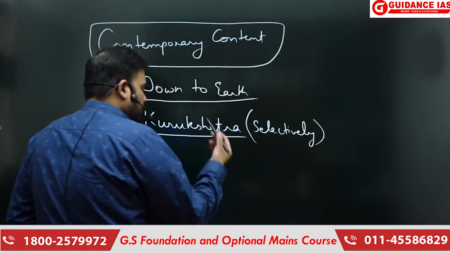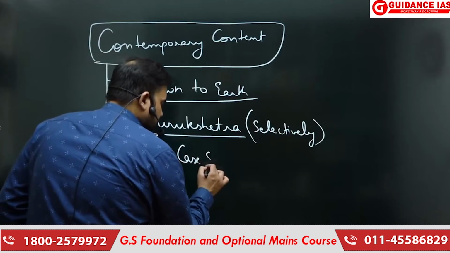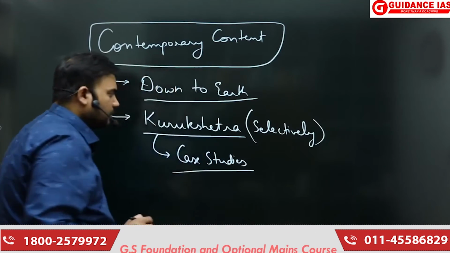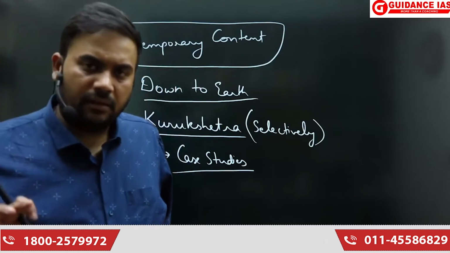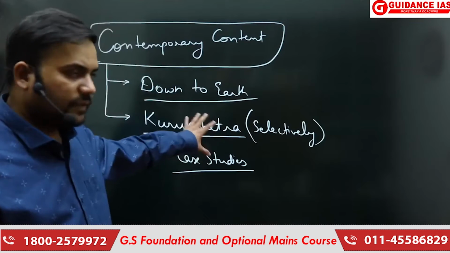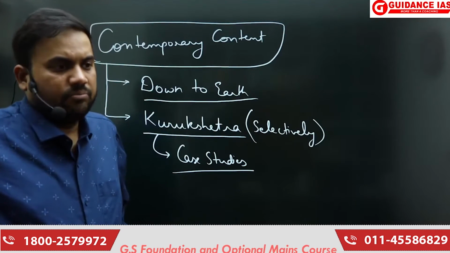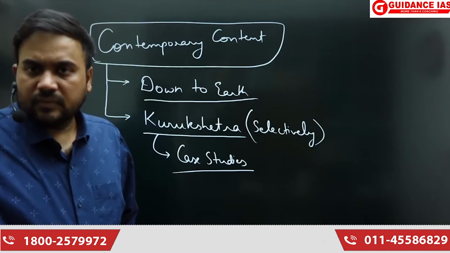What is the main purpose of this magazine? You have to gather lots of case studies from here. That is the main role of Kurukshetra. It will give you lots of case studies related to environment management in rural areas, etc.